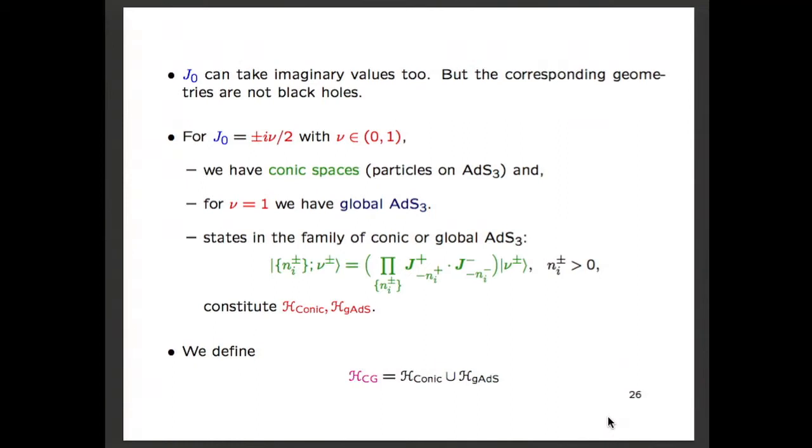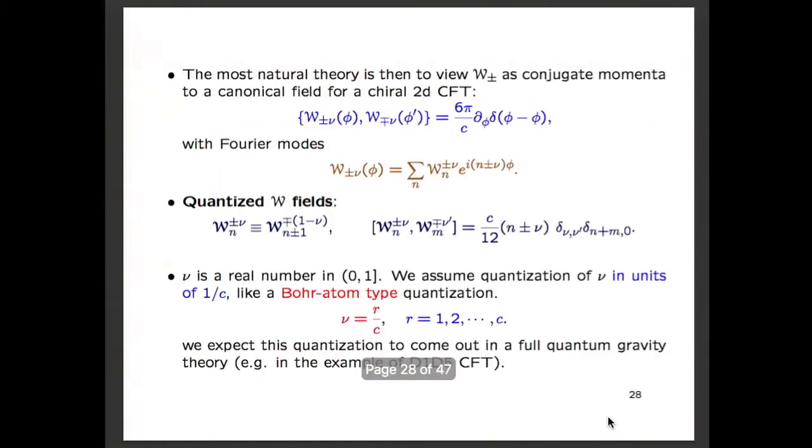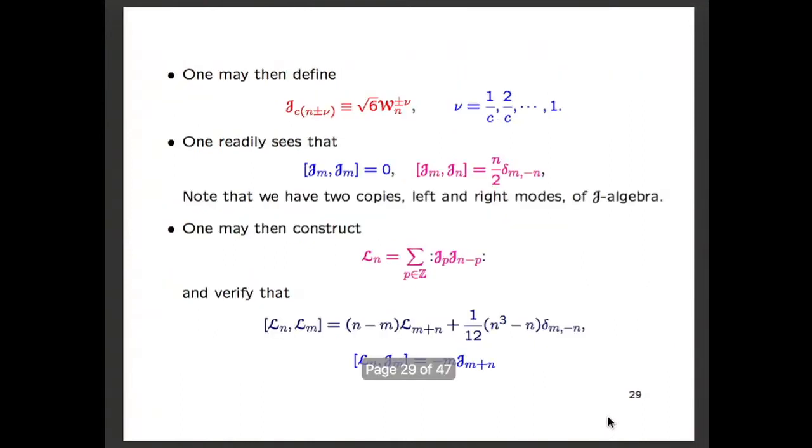One is given by the states given here, and the other is the states created by these W fields, which are eventually gathered through this curly J, and the Hilbert space of these curly J's is going to describe the same set of all conic spaces.